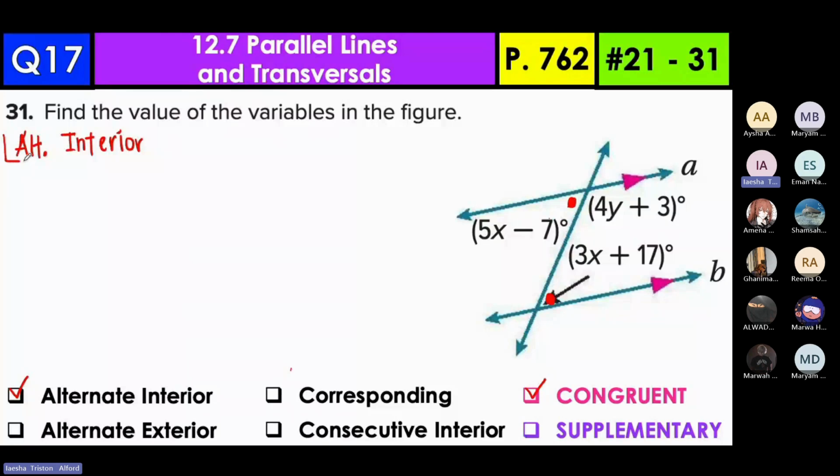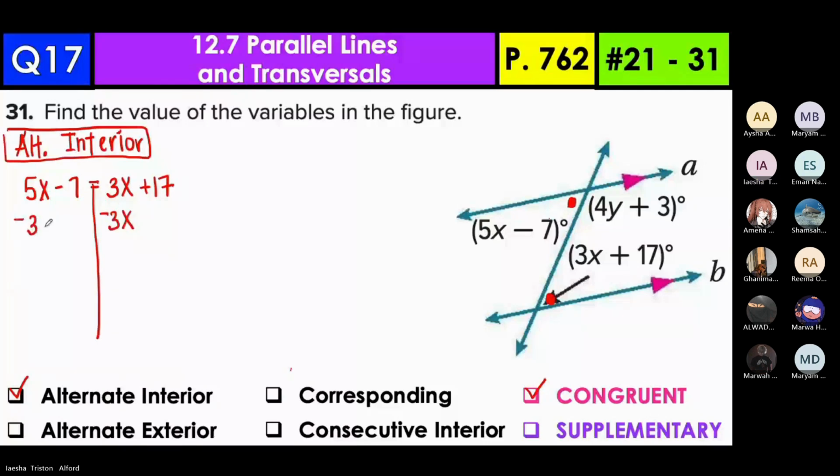Okay, how do we do the equation? 5x subtract 7 equal 3x plus 17. Okay, so subtract 3x both sides. 5x subtract 3x, positive 2x subtract 7 equal, this one is 0, so 17.